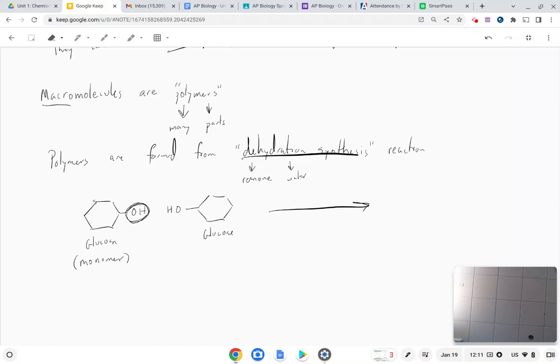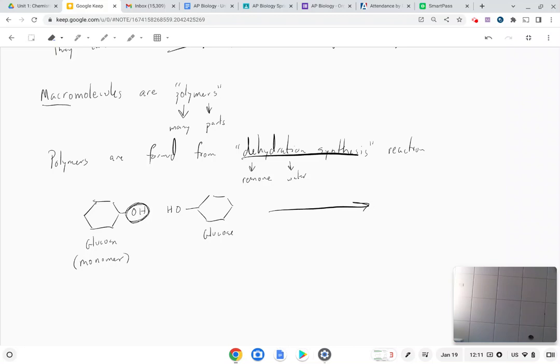Water is H2O, which means, you guys just saw the water molecule on the board for the warm-up question, there's an oxygen and there's two hydrogens. So far we've got one oxygen, so that's good, but we need two hydrogens. So we're going to have to take just the hydrogen from the other one.